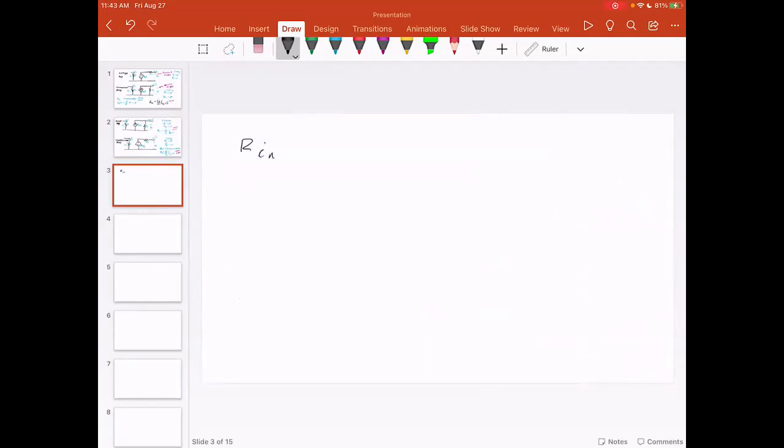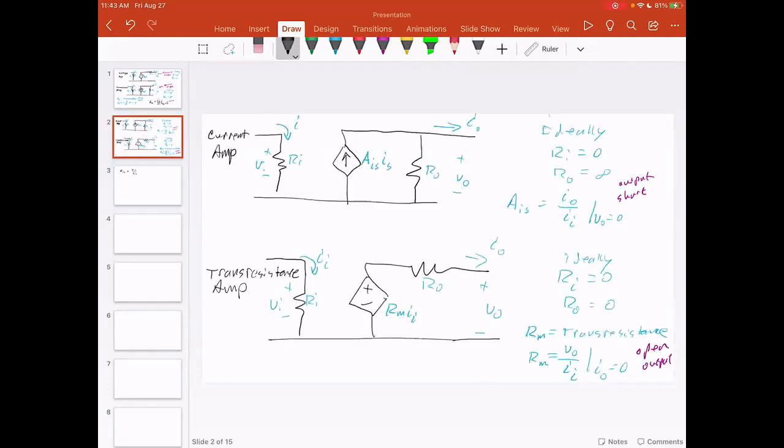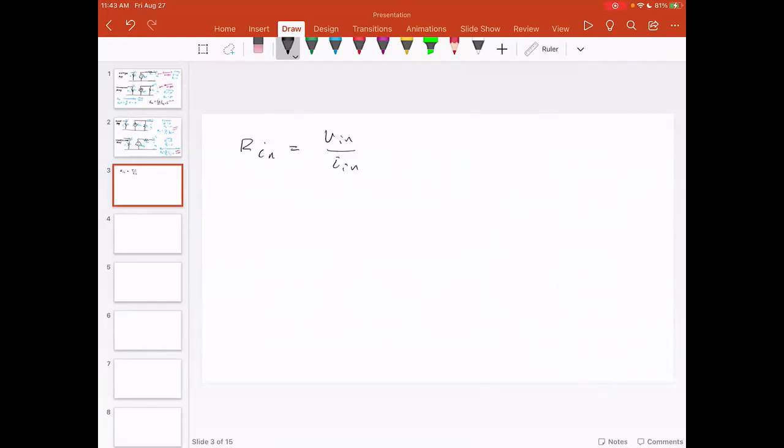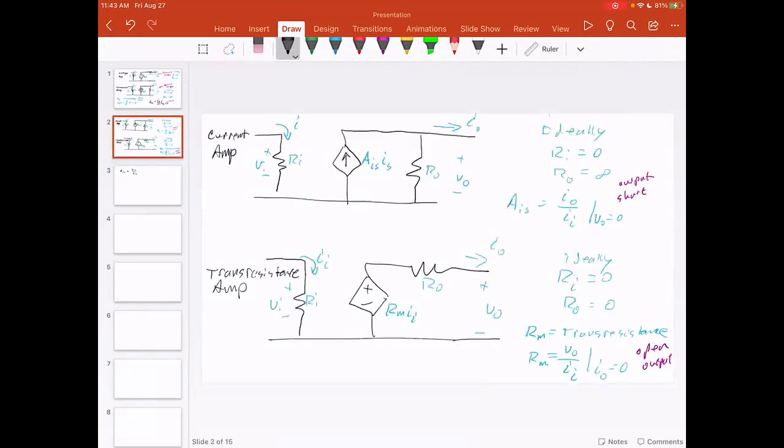RI, it's not necessarily an actual resistor, but it is VI, the input voltage, over the input current, right? So in any of these, I always drew in the input voltage and the input current. And if we could measure those two things, then we could calculate what the input resistance would be. And that input resistance is just sitting there.